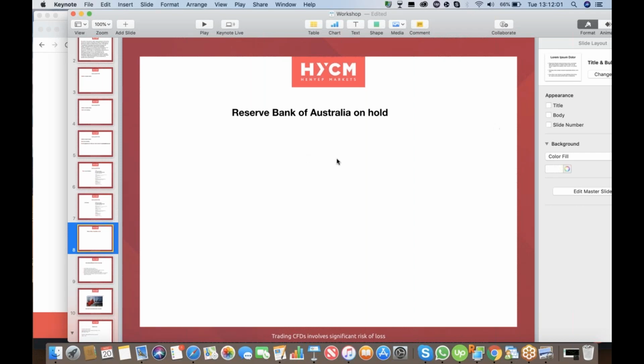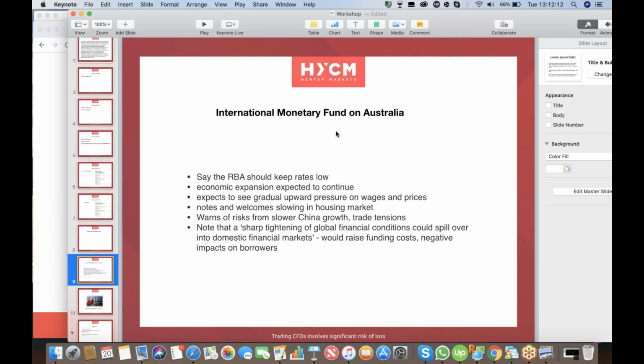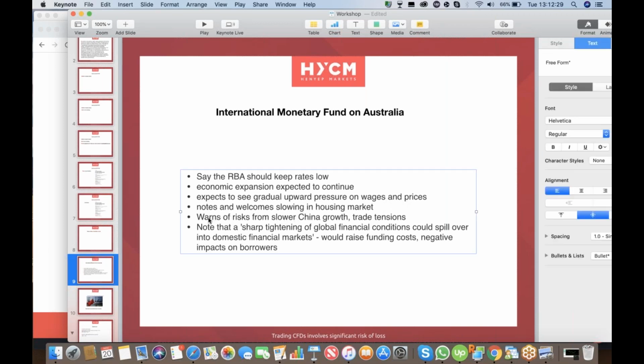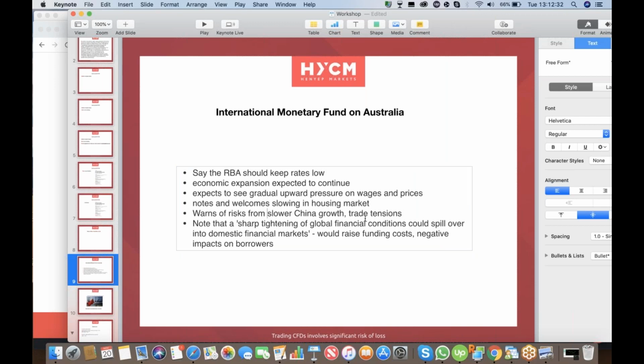But last night, just after the Reserve Bank of Australia kept their policy on hold, the IMF made some quite negative comments about Australia. They were saying that the Reserve Bank of Australia should keep rates low, that the economic expansion was expected to continue, and that they expect gradual upward pressure on wages and prices, but they warned of risks from slower China growth and trade tensions.